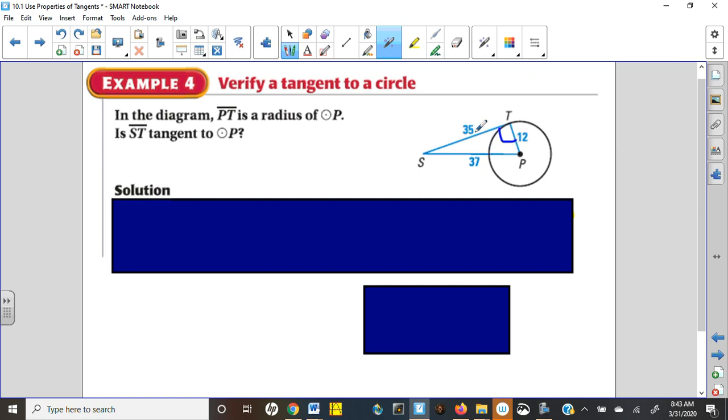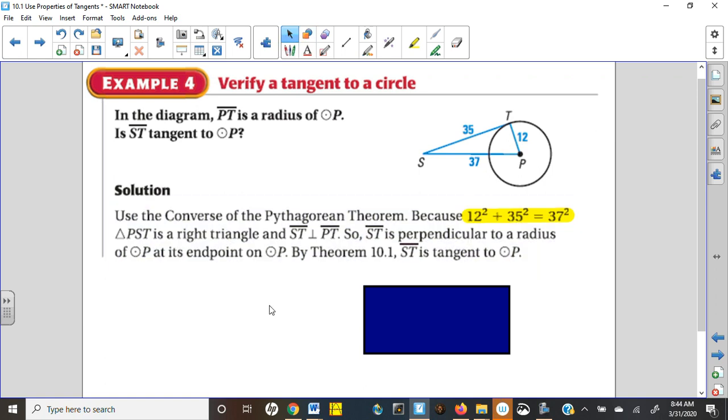So if the two shorter legs squared and added together equal the longer side squared, then by the converse of the Pythagorean theorem, it has to be a right triangle, right? And that would mean T would have to be a right angle. And so that's really what you do. You just have to use the Pythagorean theorem to test it out.